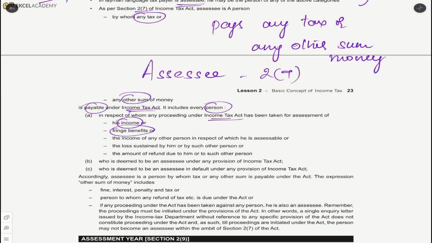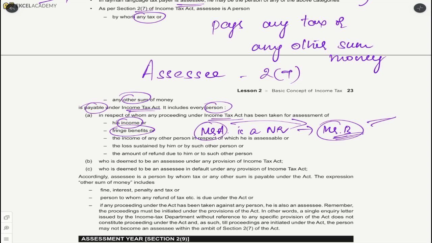That means, let's say one Mr. A is a non-resident, and he has entrusted the responsibility of his tax payment to Mr. B. So Mr. B is in charge of Mr. A's income tax responsibilities. Now Mr. B will be considered as an assessee. So since Mr. A is non-accessible or he is not here, B will become the assessee here because he is liable with respect to Mr. A.